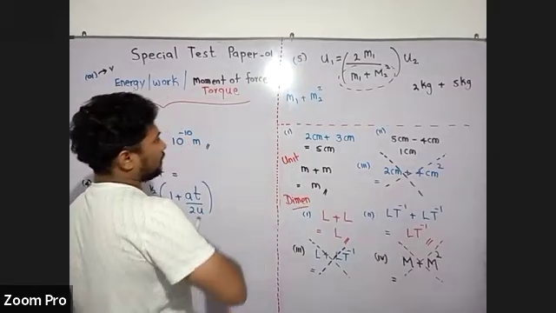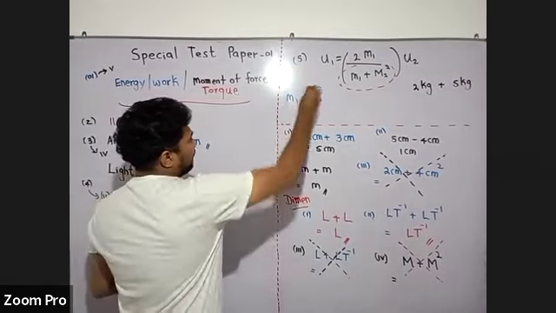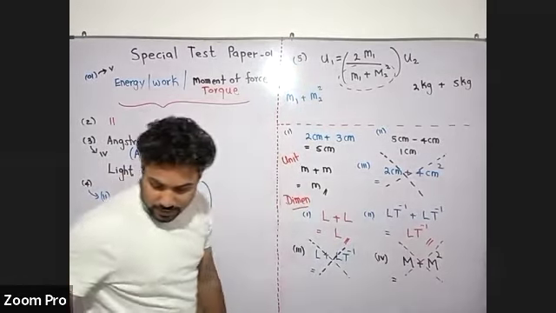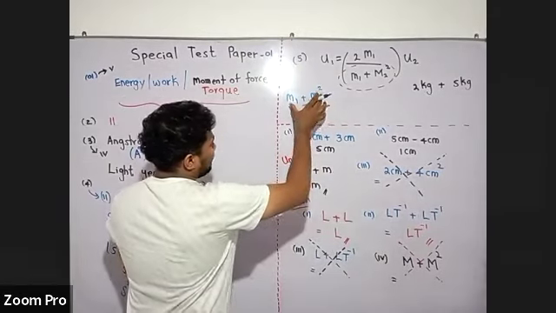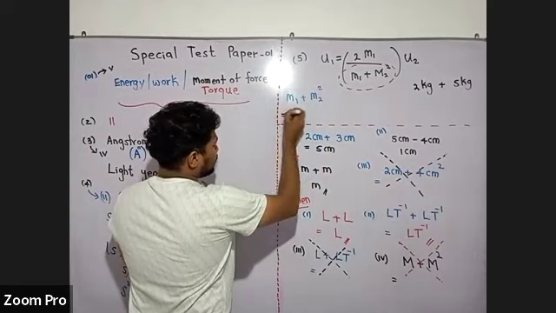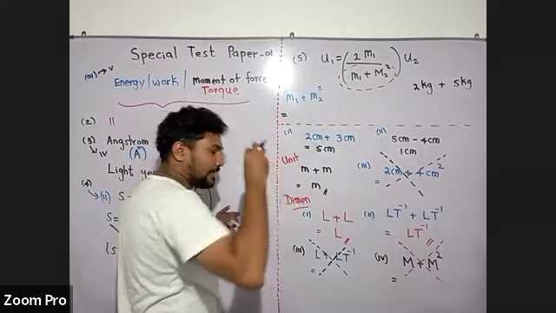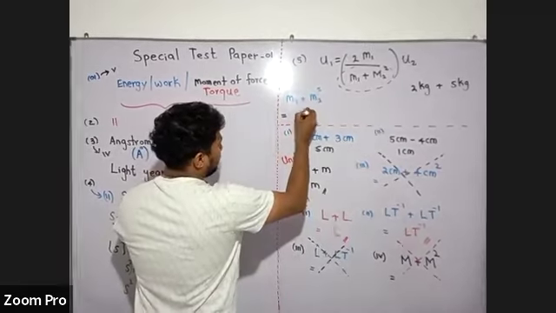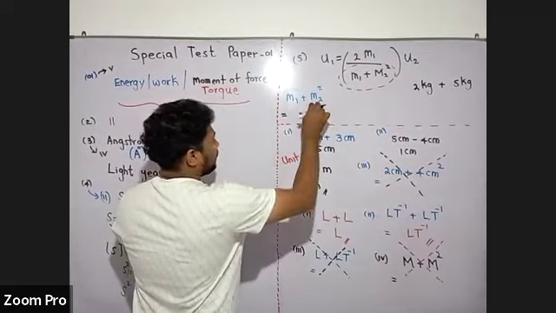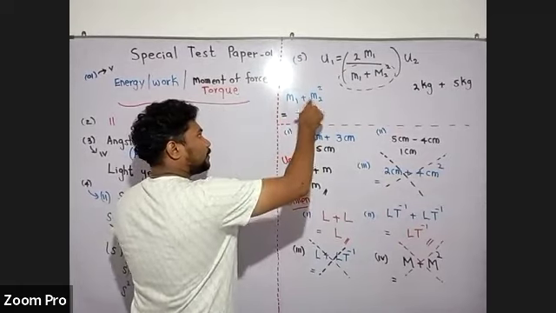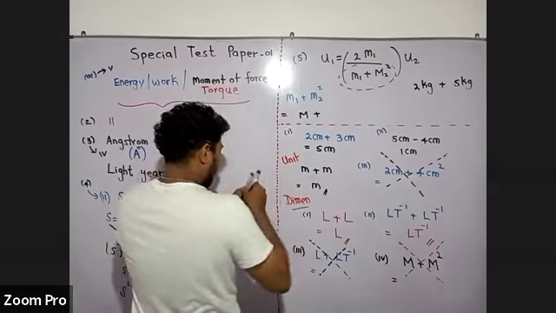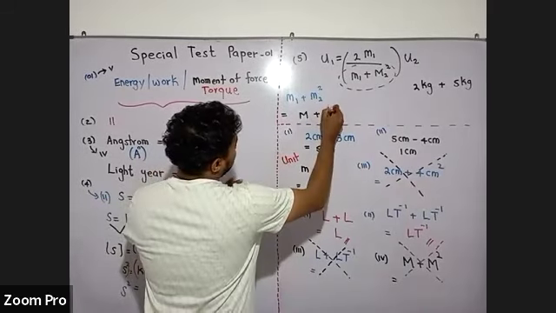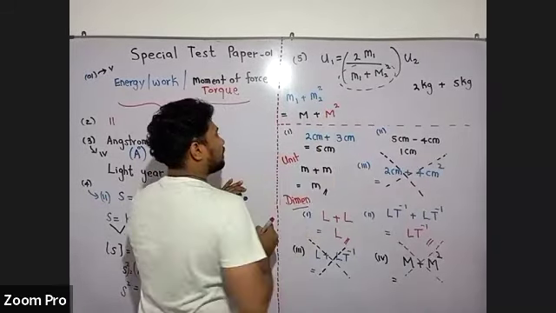Now m1 and m2 mean masses, no? So if we substitute the dimensions, m1 means it's a mass, so the dimension should be capital M. Then m2 means it's also a mass, so the dimension should be M, but we have to consider the square, right?